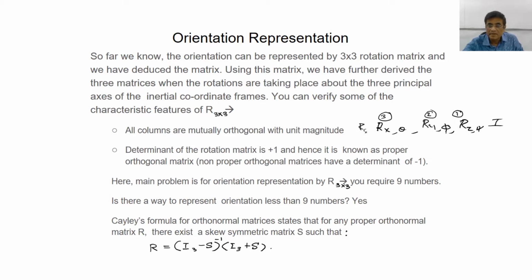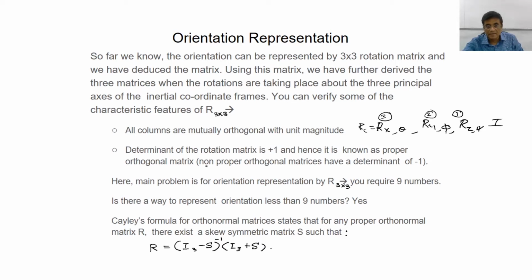We call it a composite rotation matrix. Again it will be 3 cross 3, and you will observe that all the column vectors are of unit magnitude, and also the determinant of the rotation matrix is +1, and therefore it is called a proper orthonormal matrix.